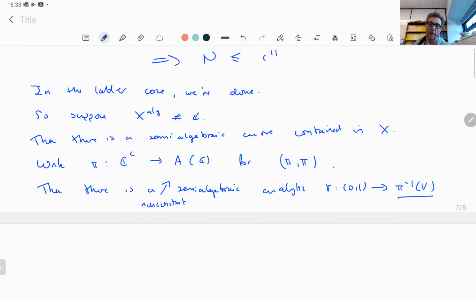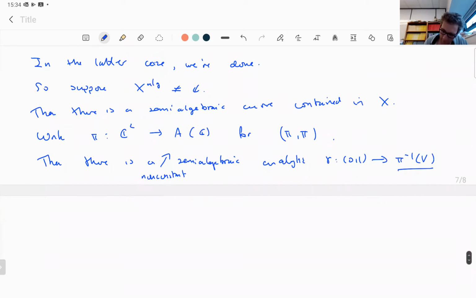V is our algebraic curve in A. And what we get from the algebraic part of X being non-empty is a semi-algebraic curve in the pre-image of V. So from this, it follows that there's actually a complex algebraic curve in the pre-image of V.